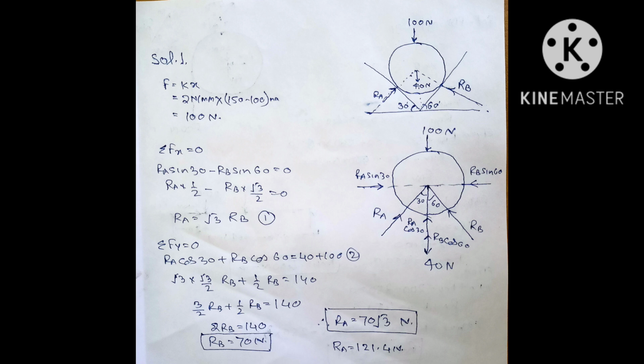So RA cos 30 and RB cos 60 are in the upward direction. So the equation will be RA cos 30 plus RB cos 60 minus 40 minus 100 equal to 0. In this way we can get the value of RB as 70 Newton and RA will be 70 root 3 Newton. So this is how we will solve this problem.